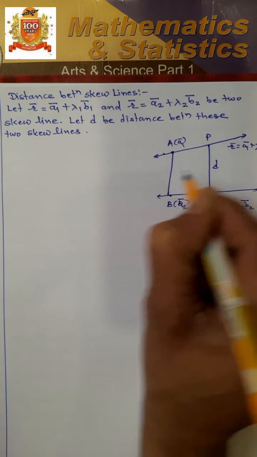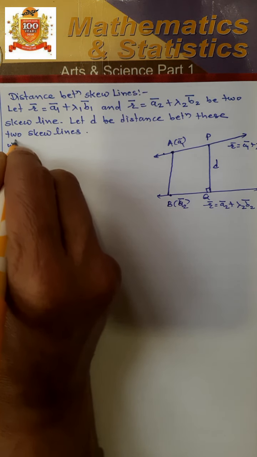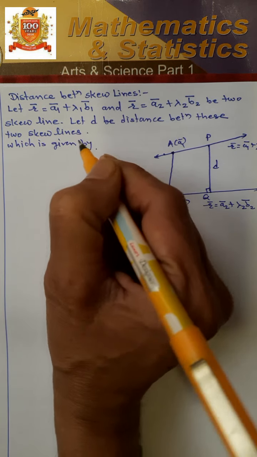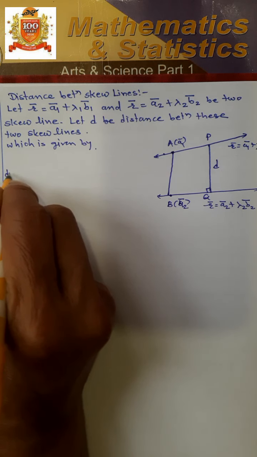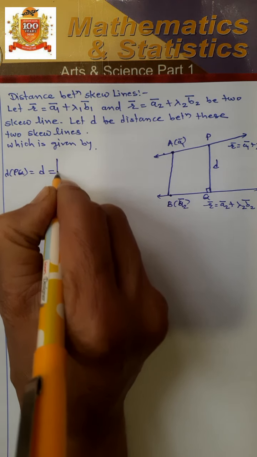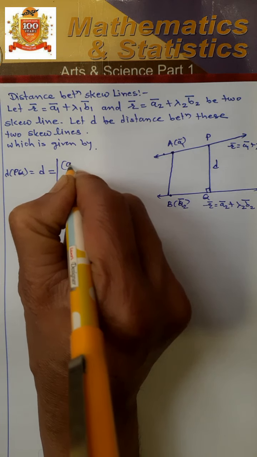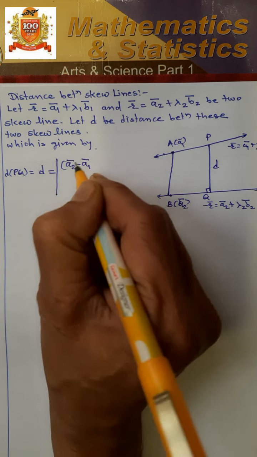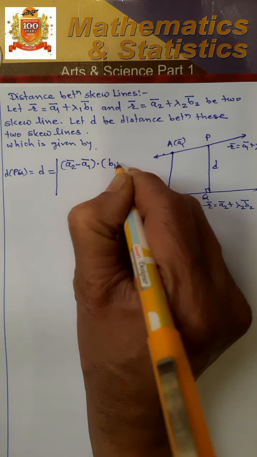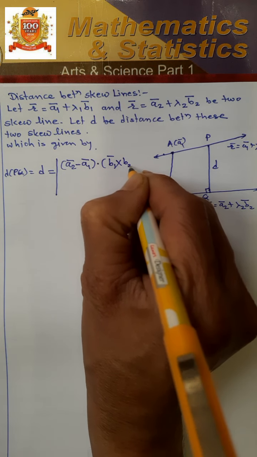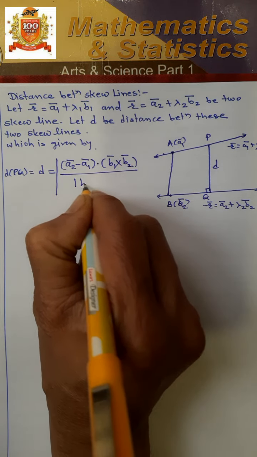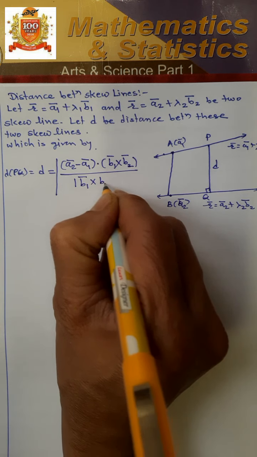This is the distance D, which is given by distance PQ is equal to D is equal to mod of a2 bar minus a1 bar dot b1 bar cross b2 bar upon mod of b1 bar cross b2 bar.